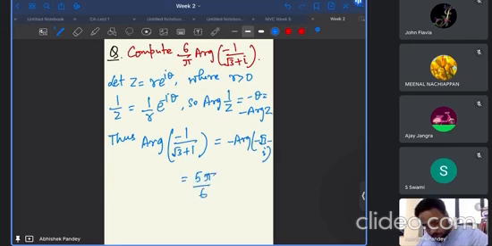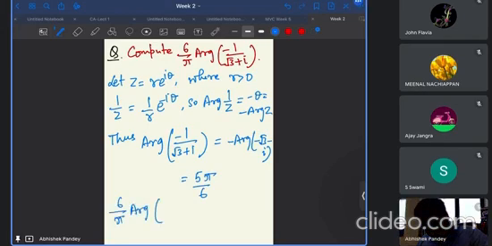So 6 by pi times the argument of minus 1 by root 3 plus i is nothing but 5. These kinds of things one can see.